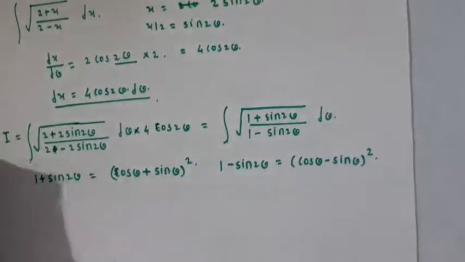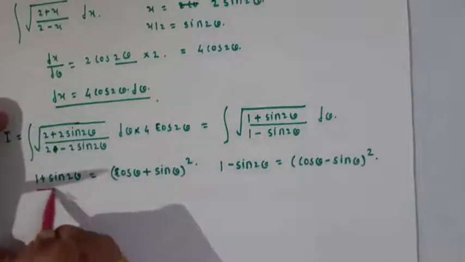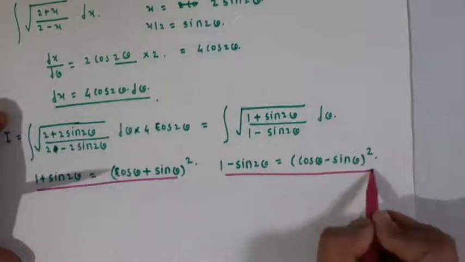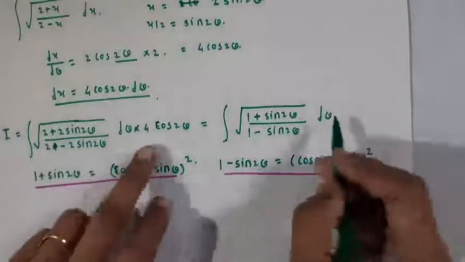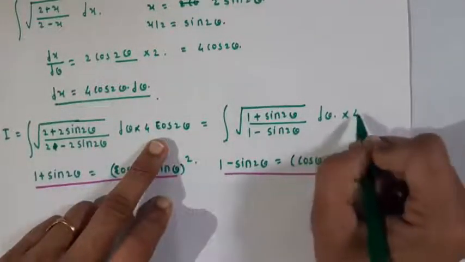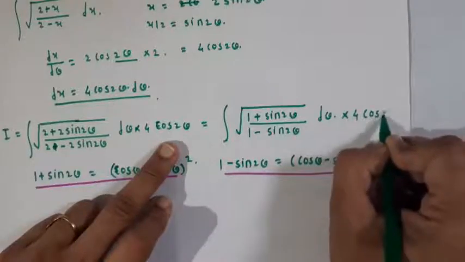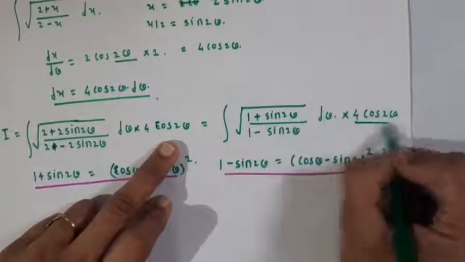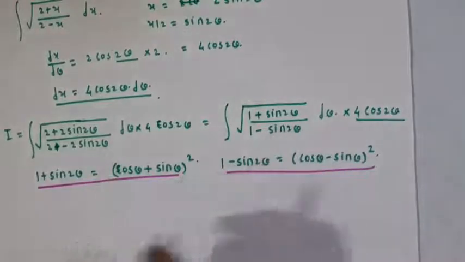Okay, so by using this simplification in the integration we will get the value of t theta into the term that is missing, so please correct it, students. This is 4 cos of 2 theta. Okay, 4 cos of 2 theta.